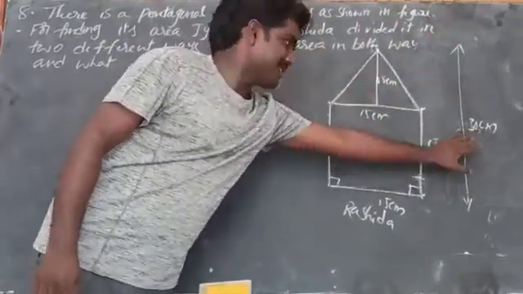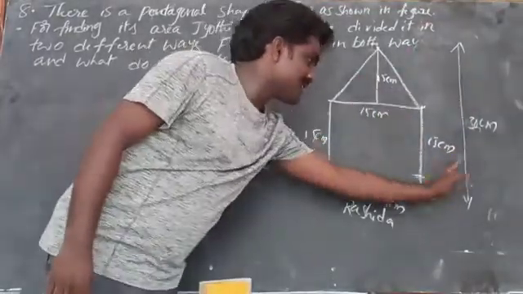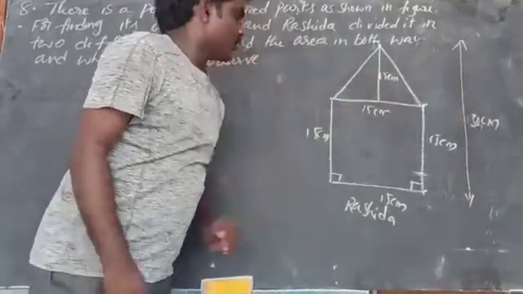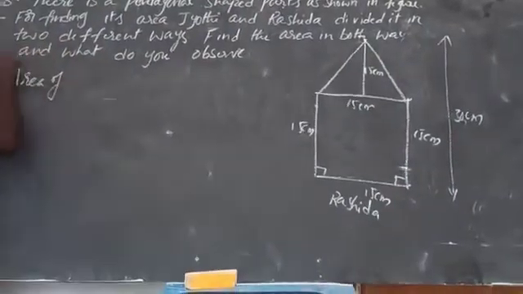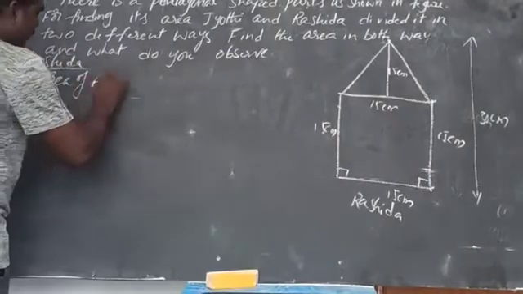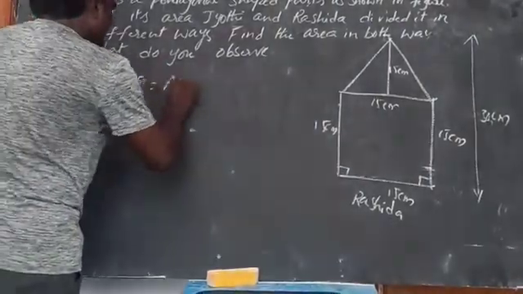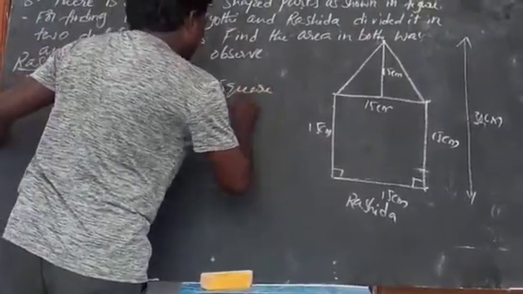In this 30 centimeters, 15 is one part, and the remaining height is 15. So area of ABCDE is equal to the area of the square plus the area of the triangle.